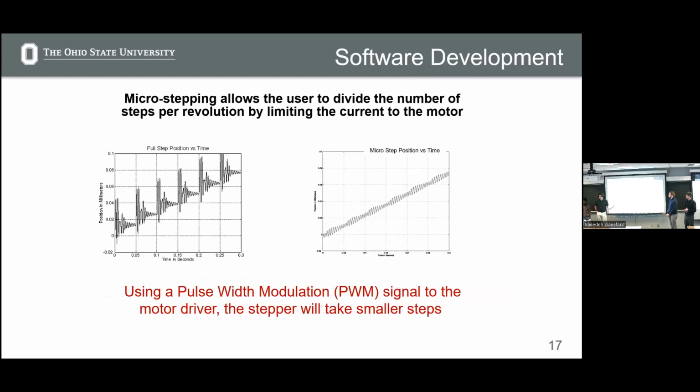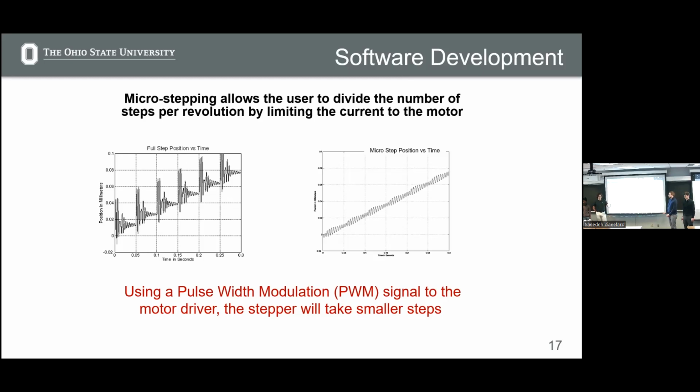We can microstep it. Essentially, as you can see in these two graphs, this is without microstepping and that is with. You can see these larger chunks of movement per step. And then on the microstepping, you just have that smooth, almost continuous movement. The way you do that is by limiting the current to the stepper motor using a PWM signal to the driver.